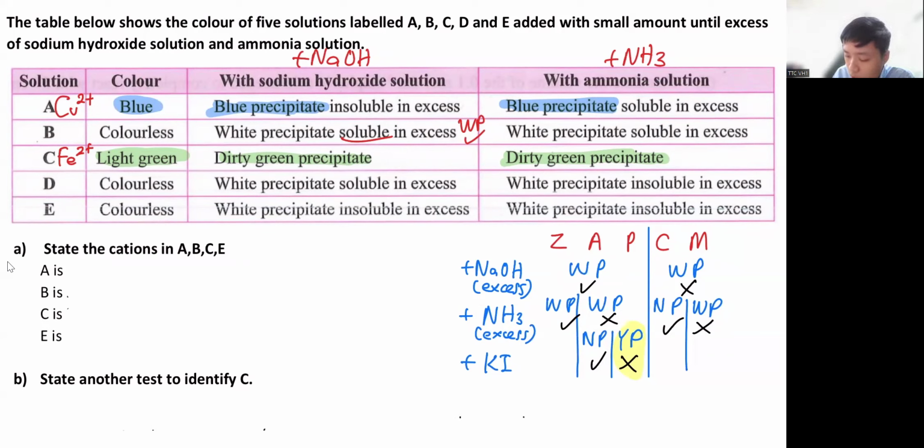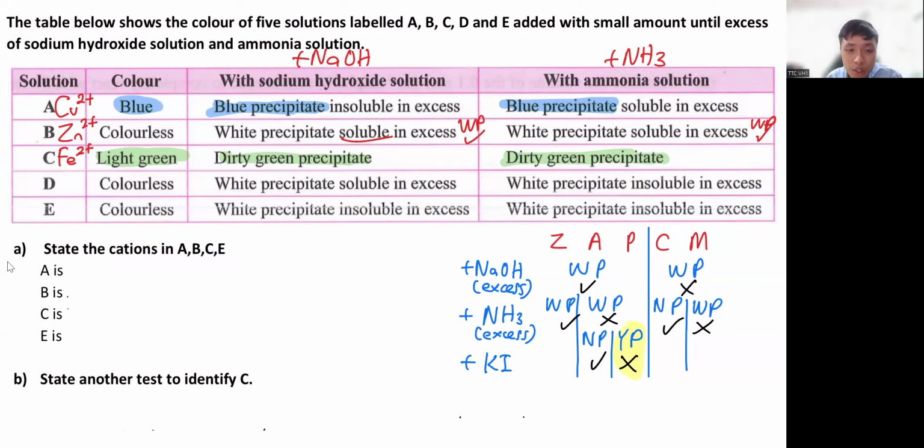But when I add NH3 the second time, I get a white precipitate that is soluble too. Only one possible, which is zinc ion.